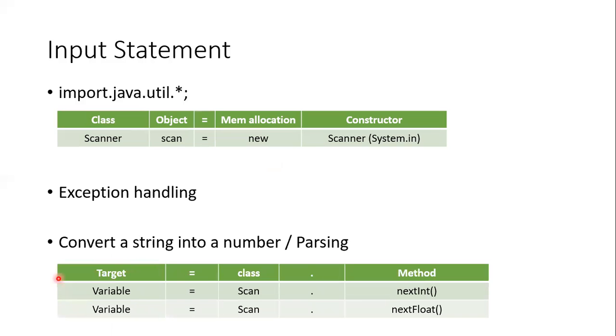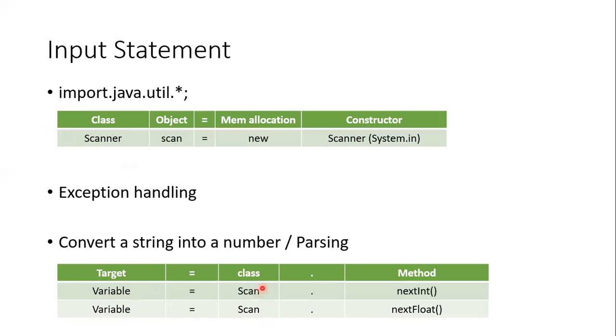We specify the target, then equal to, then the object that we are going to use, then the dot member, and the method that we are going to use from that particular class. To make it a valid statement, we write a variable, then equal to, then the object scan of class type Scanner.